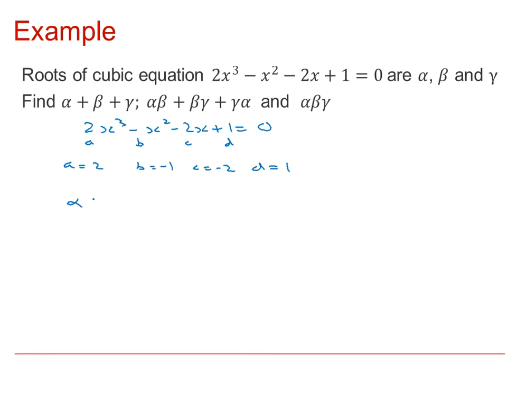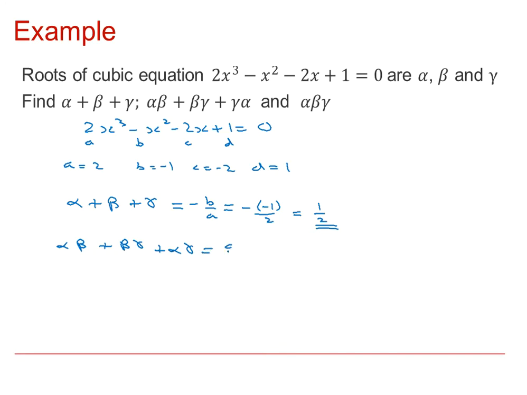The first thing we want is the sum of the roots. Alpha plus beta plus gamma, we know is minus b over a. So that's minus 1 over 2, which is a half. And looking at the pairs, so we've got alpha beta plus beta gamma plus alpha gamma.